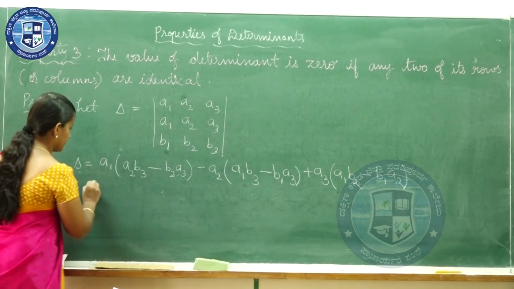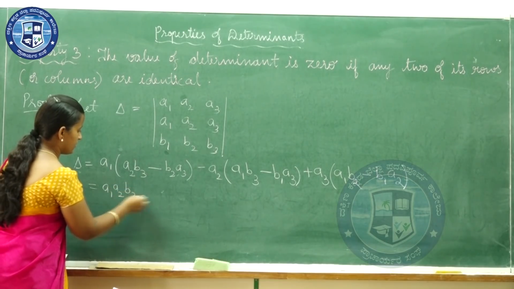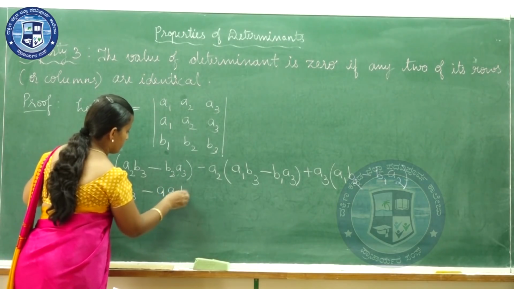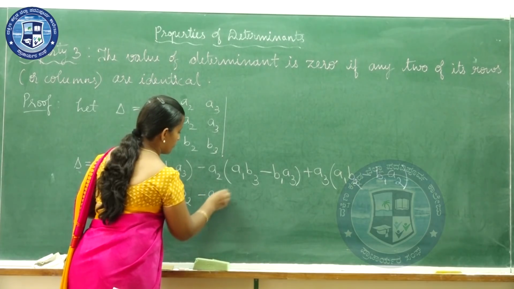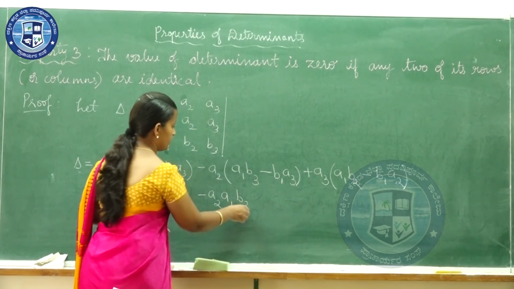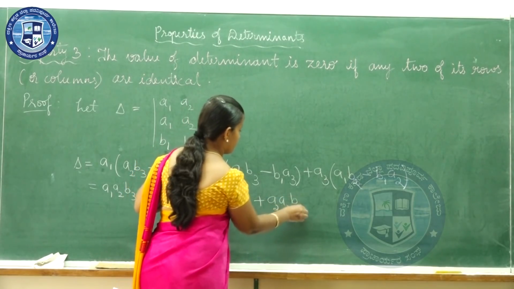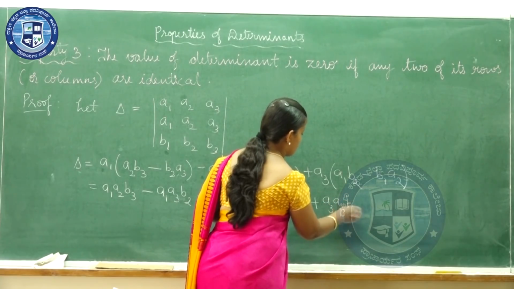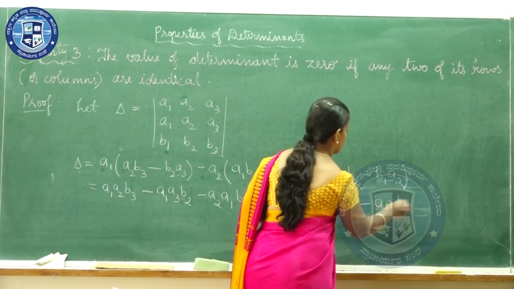Let us simplify this: A1 A2 B3 minus A1 A3 B2 minus A2 A1 B3 plus A2 A3 B1 plus A3 A1 B2 minus A3 A2 B1.